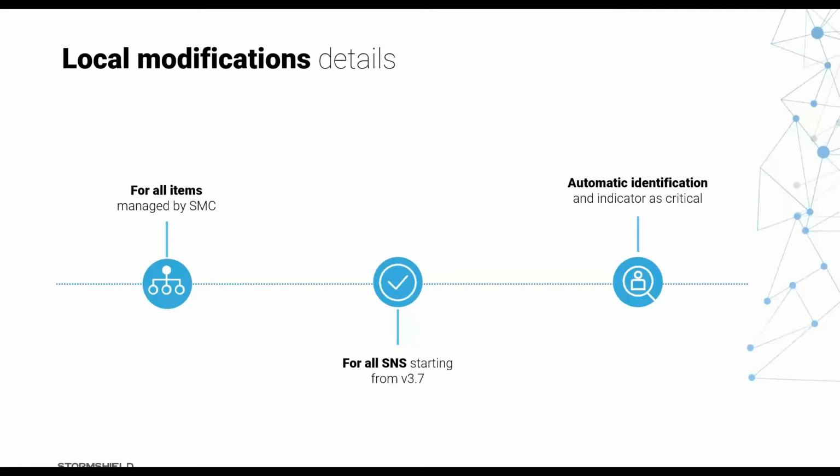When some administrator or some hacker touches any of these items locally on the SNS, they are automatically raised on SMC. This feature works with any SNS starting from version 3.7, and the indicator is raised as critical.